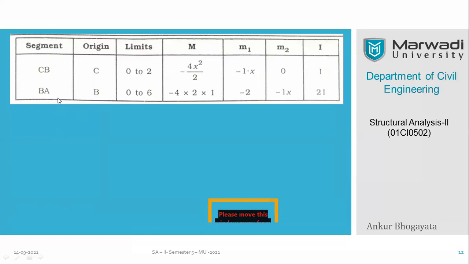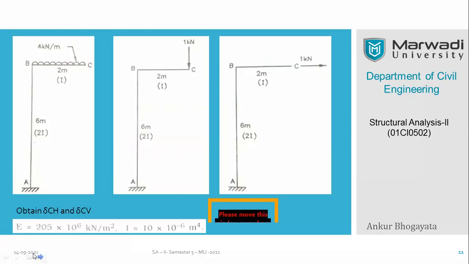When you go to the next segment, B to A, earlier this was the case where you need to take a section here for capital M. This was the first segment, so X will be here, and when you come down, the X will be in this direction, right? Somewhere here you need to take the moment of this UDL.